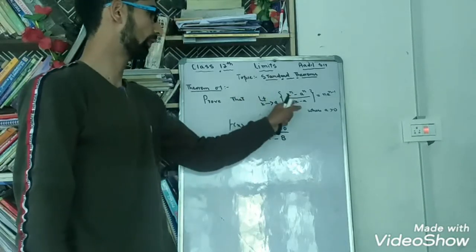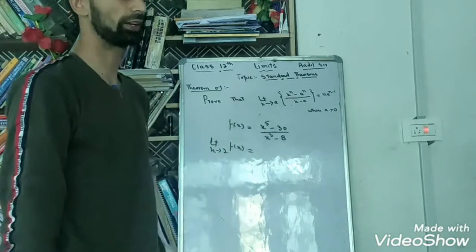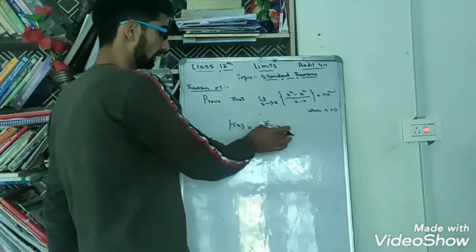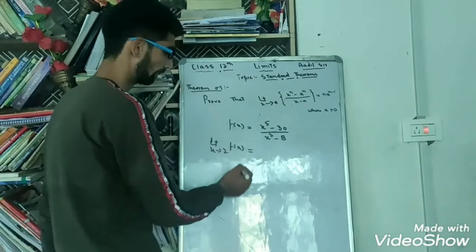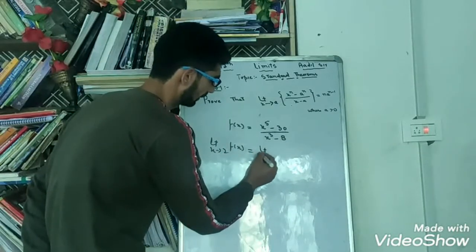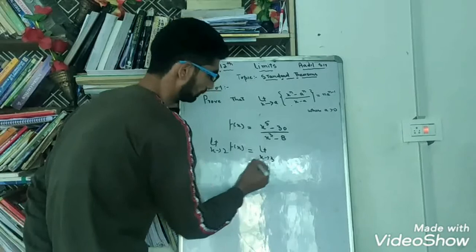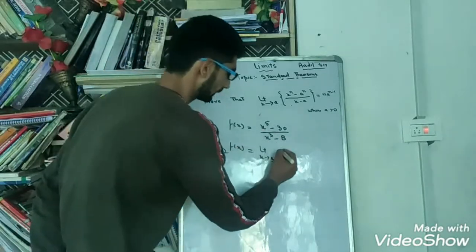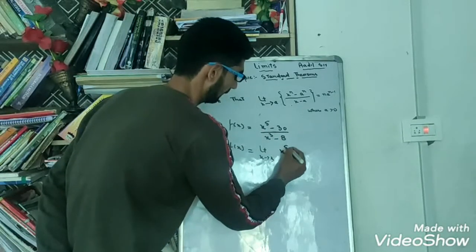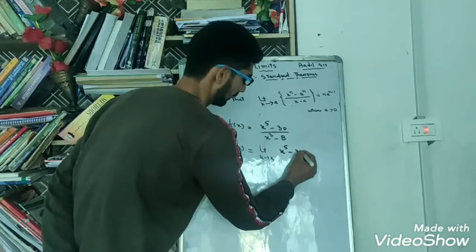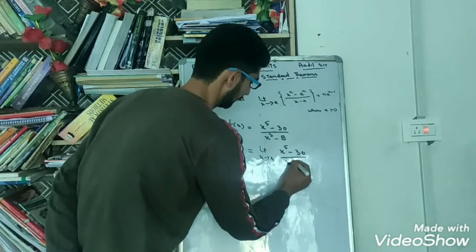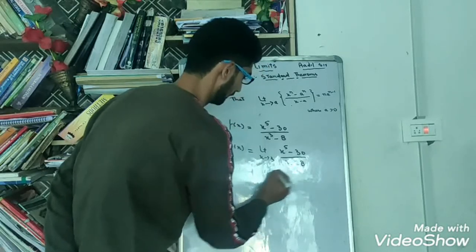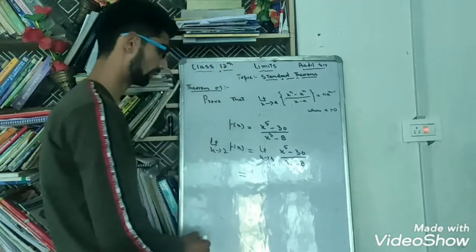After that we will go for this theorem, and we will try to make this function the same as the standard function. Here the limit as x tends to 2 of f of x is equal to the limit as x tends to 2 of (x^5 minus 32) divided by (x cube minus 8).